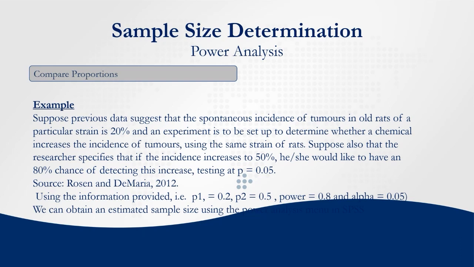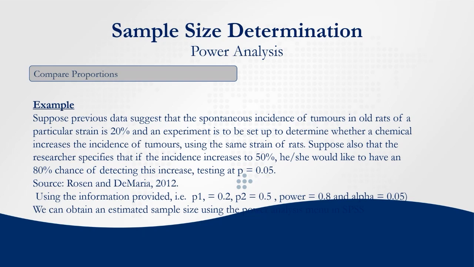So an experiment is set up to determine whether a chemical increases the incidence of tumors, using the same strain of rats. The researcher specifies that the incidence increases to 50%. Then they would like to have 80% power of detecting this increase.